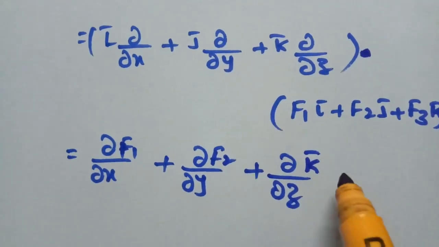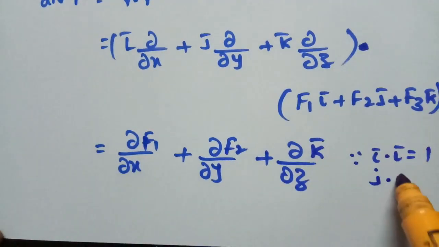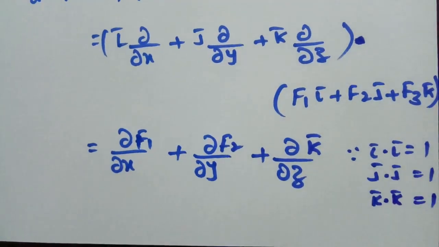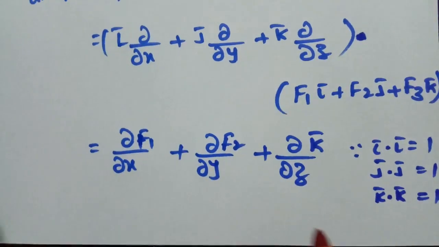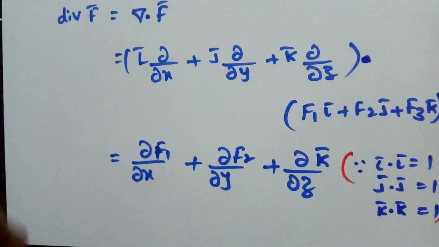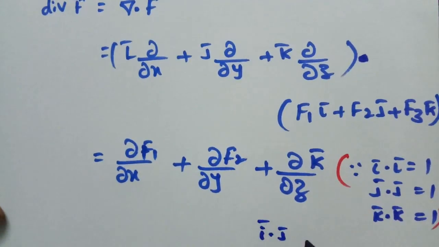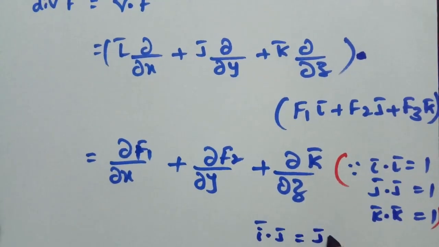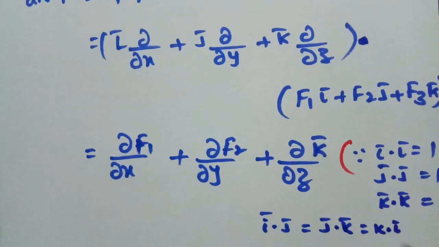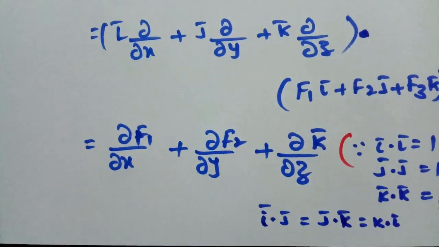Here, the reason is since i bar dot i bar is equal to 1, j bar dot j bar is equal to 1, k bar dot k bar is equal to 1, and other dot products being zeros. That means i bar dot j bar, j bar dot k bar, k bar dot i bar are all zeros.